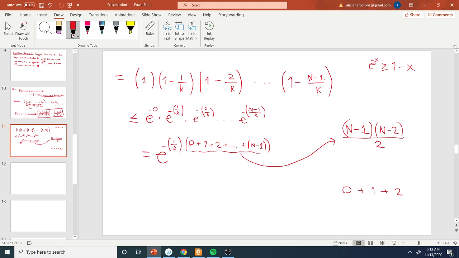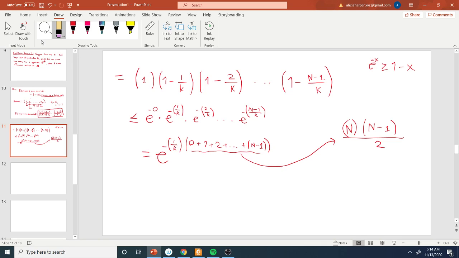No, it doesn't. Okay, so I have to readjust this. So this is actually n times n minus 1 over 2. Because now if I plug n equals 3 into this, yeah, I get exactly what I want.